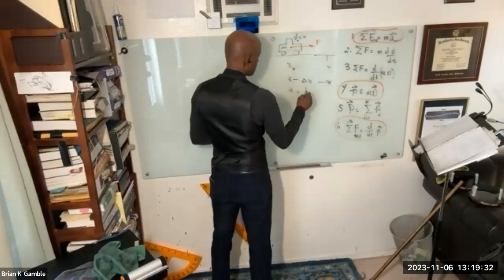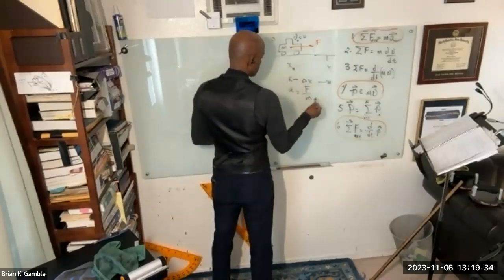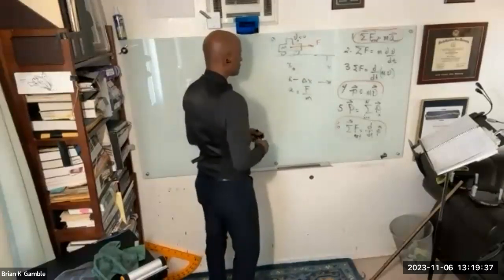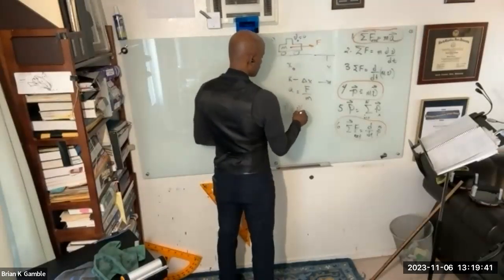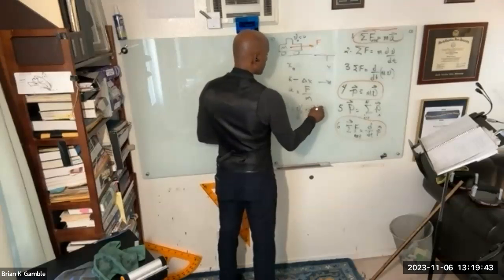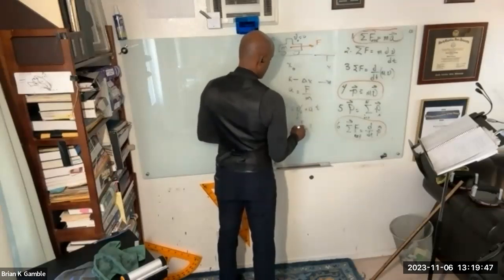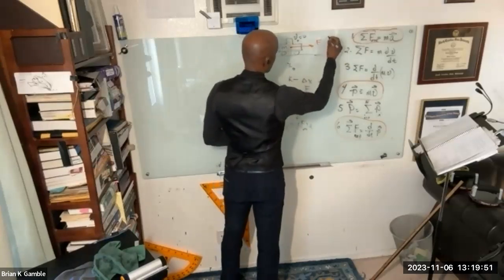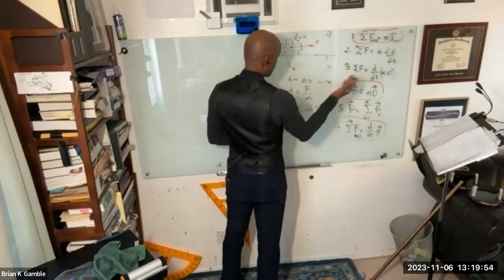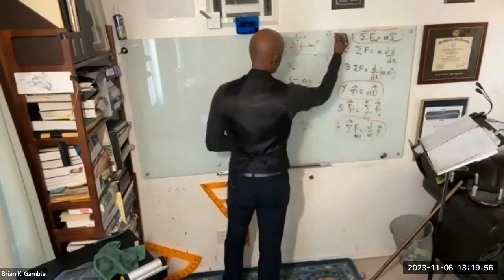Acceleration is F over m, and then we use that acceleration in the equation of motion, v equals v naught, which was 0, plus a times t, but that a is F over m times t. So that's going to give us the value of the velocity at this point, v final, v of t.